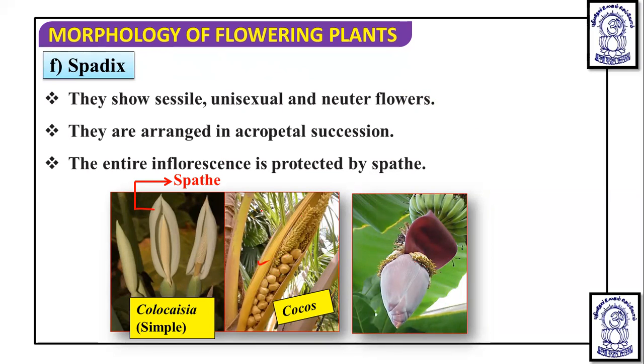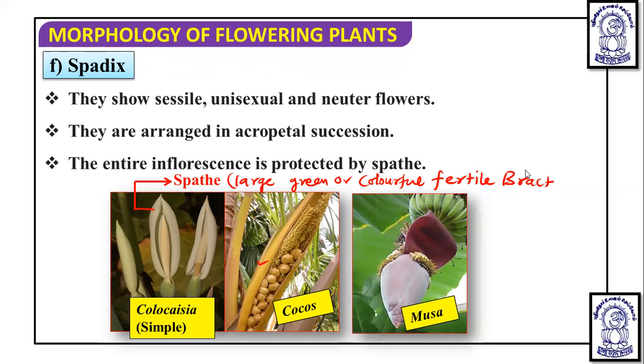Here also you will see this spathe. But what is spathe? Spathe is a large, green or colorful, fertile bract. Okay, then it is known as spadix.